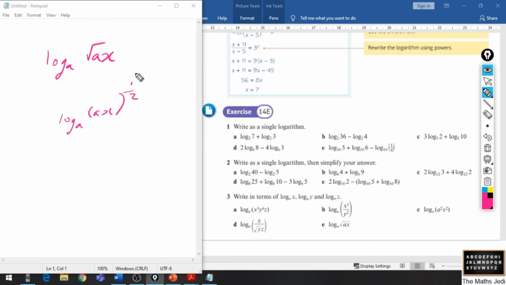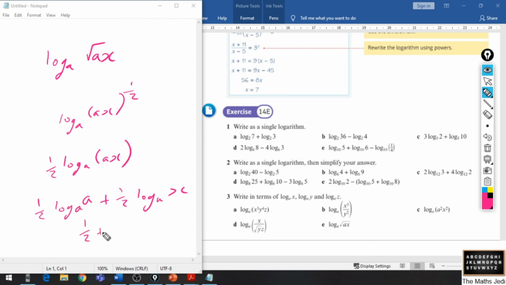Let's deal with the square root first of all. We know from the rules of logarithms that I can bring the power down, so half log base a of ax, and then because I've got two things being multiplied here, I can use the rules of logs to write that out separately. So I've got log base a of a plus a half log base a of x. But we know that log base a of a is 1, so that effectively is a half.